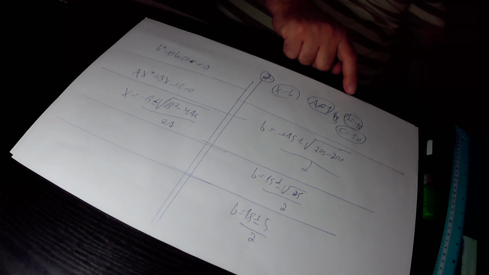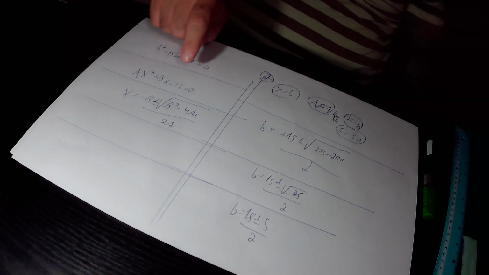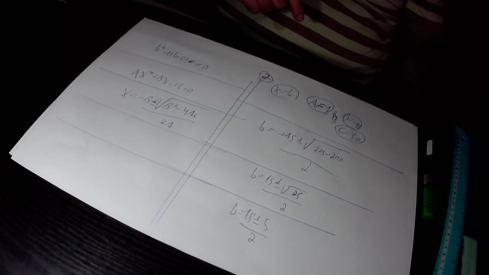The coefficient b is minus 15, therefore minus b is minus minus 15, that is plus 15, plus or minus the square root of b squared.